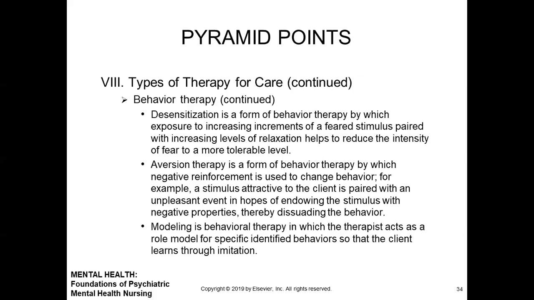For example, a stimulus attractive to the client is paired with an unpleasant event in hope of endowing the stimulus with negative properties, thereby discouraging the behavior. And modeling behavior means you do something and then tell them to do the same thing, right?